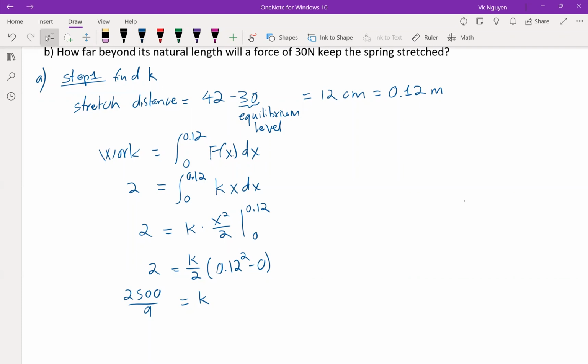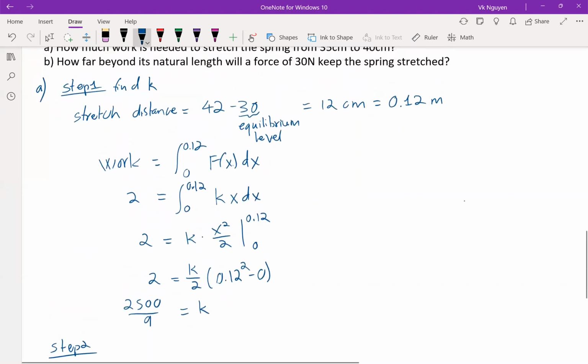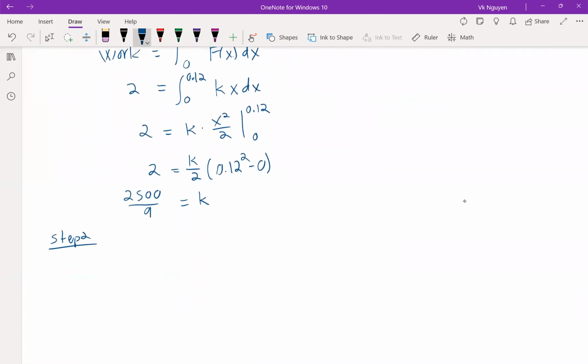That is, we're going to find the work needed to stretch the spring from 35 centimeters to 40 centimeters. Got to be careful here. We can only use the stretch distance from the equilibrium.